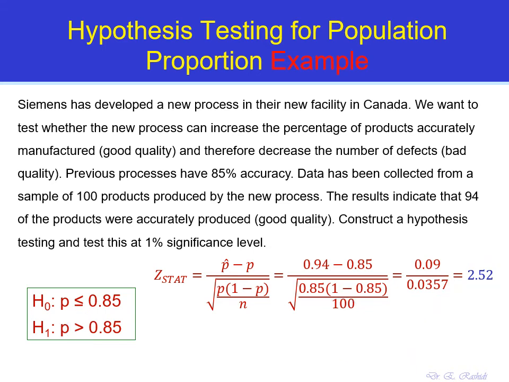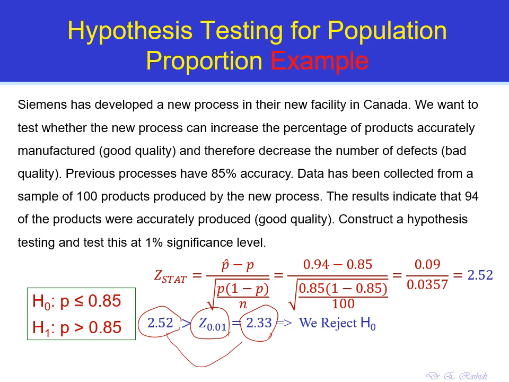The problem already gives us a clue at what significance level we should test this. It says 1%, so we're going to go with the z of 1% significance level, or critical value. Z of 1%, you can find it from the table, and that's actually 2.33. And 2.52, the value of the test statistic, is actually greater than 2.33.